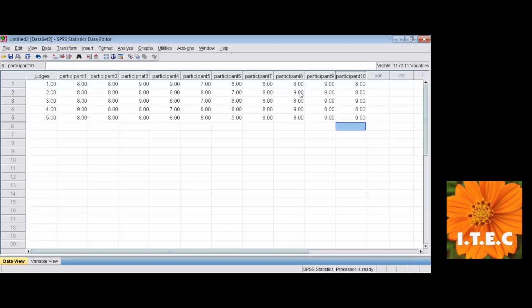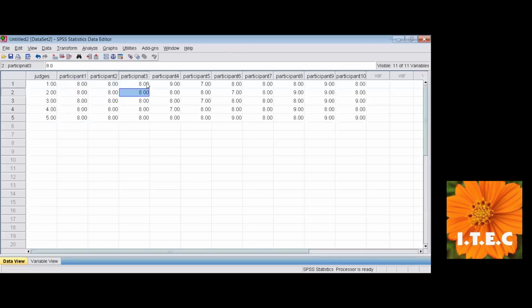So therefore here, if it is like this, let us see, suppose it is 8, 8. Suppose here also it is 8. Let us just see what happens.